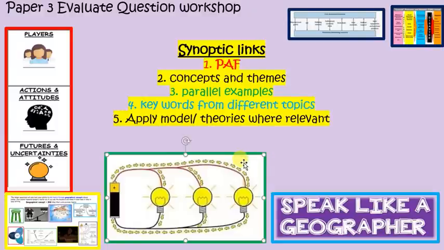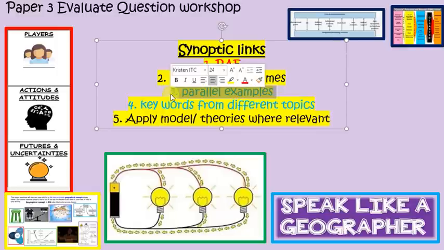There's one way I found works with students in the past. Think of a synopticity from any of the others, and then once you've done that, pause and think, before you go on and link it back, can I think of a parallel example where I've seen something similar? If the answer's no, you can't do anything about it.